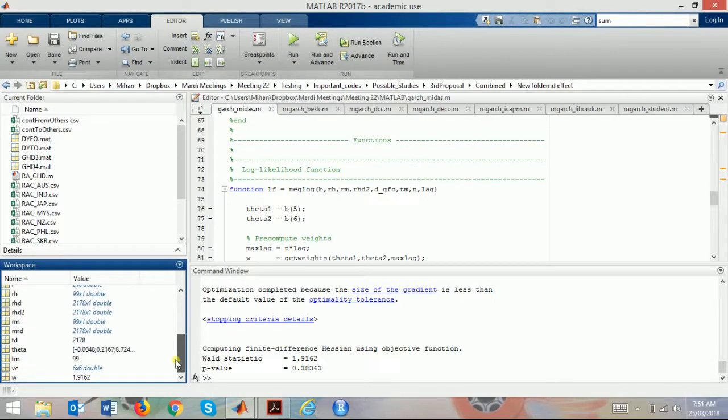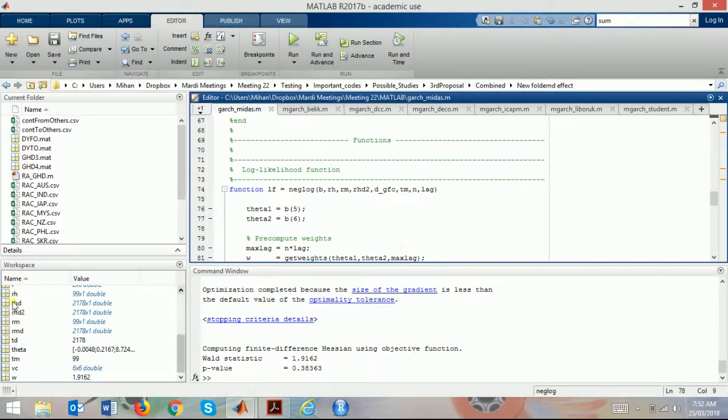See, we have RH, D to RM or V. What I'm looking for is V. Wow, we have 99 financial crisis captured. 99 monthly returns, daily returns, total monthly returns, variance covariance matrix.